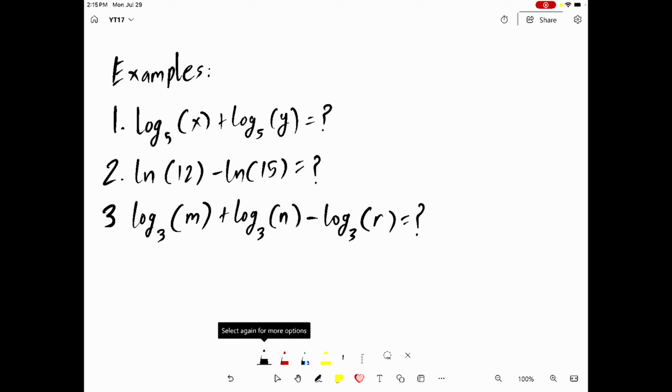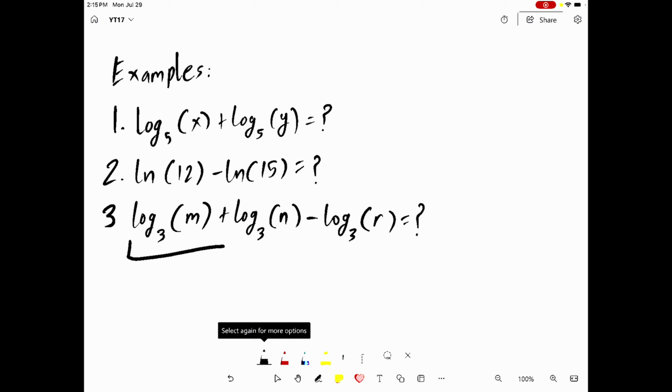For our third and final example, we actually are compounding a couple things. We have logarithm base 3 of m plus logarithm base 3 of n minus logarithm base 3 of r is equal to what? This is really simple. All we have to do is take it one step at a time.